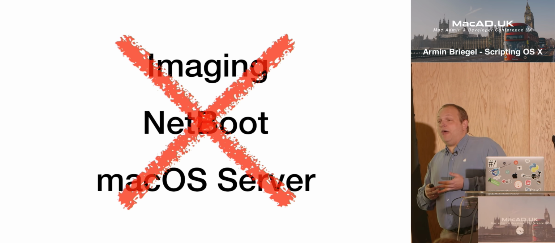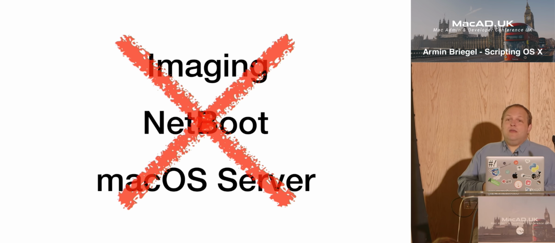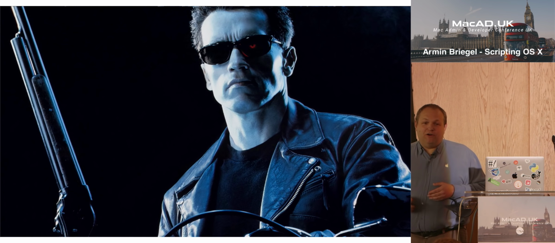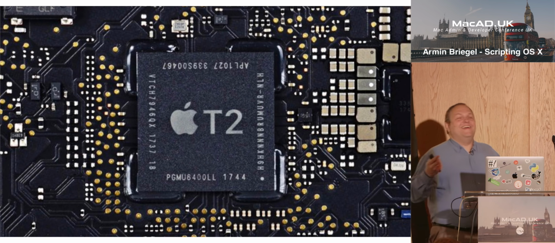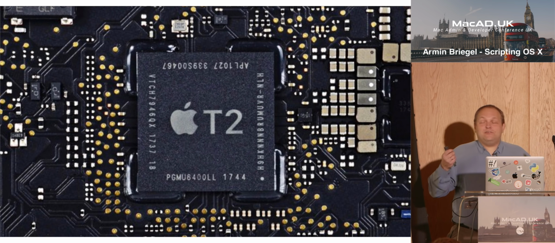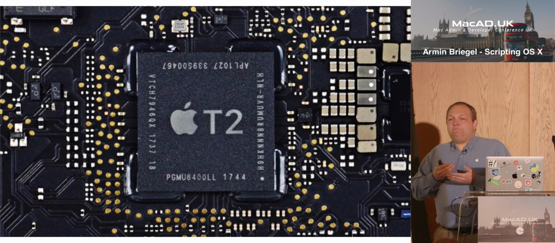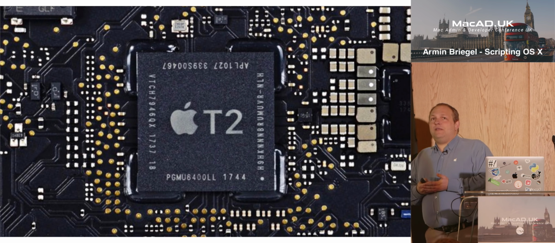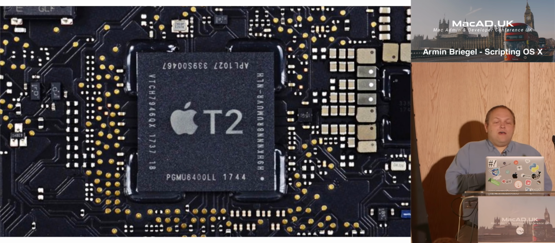And we know what happened now in retrospect. We know the killer was T2. Not that one, this one. The T2 system controller that Apple put in the new Macs, starting with the iMac Pro in late 2017. Yes.